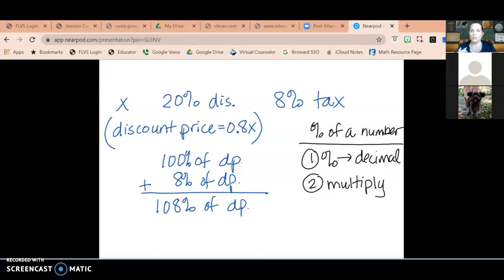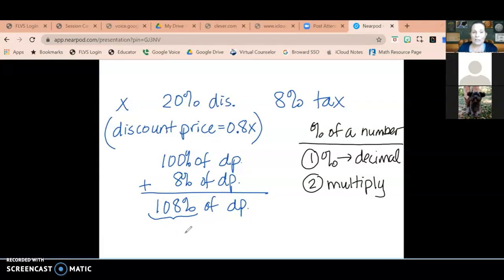So I have to pay 108% of the discount price, right? Now, we know from last time that I have to convert this to a decimal. So I want everyone on your screens right now, clear them and show me the decimal for 108%. The decimal is 1.08, right?